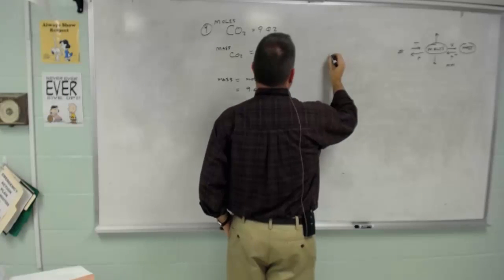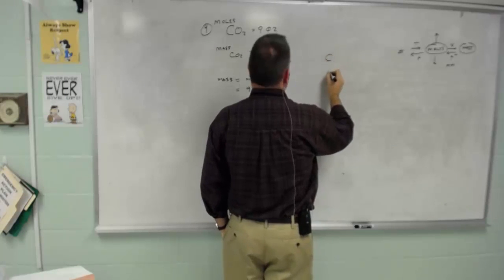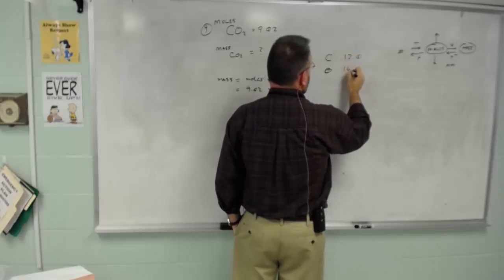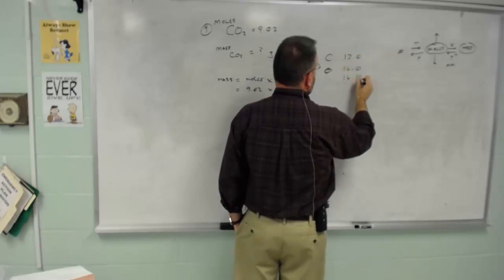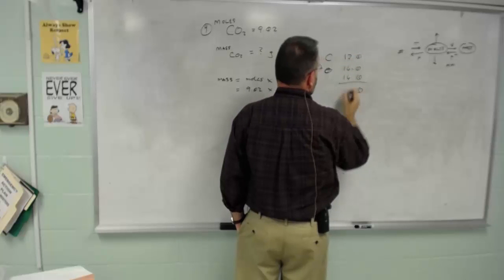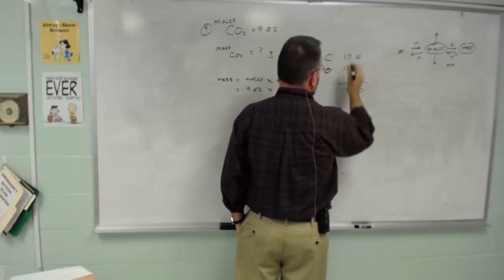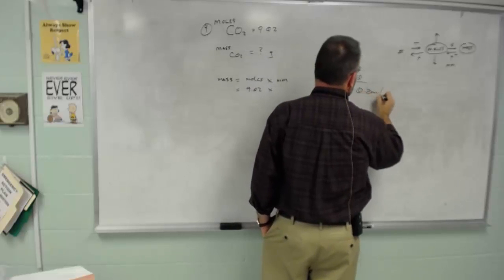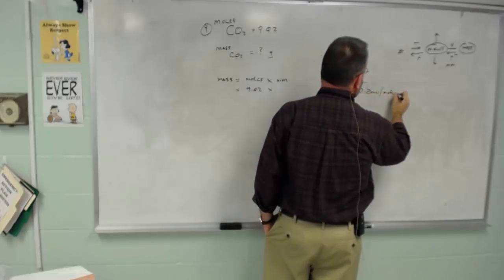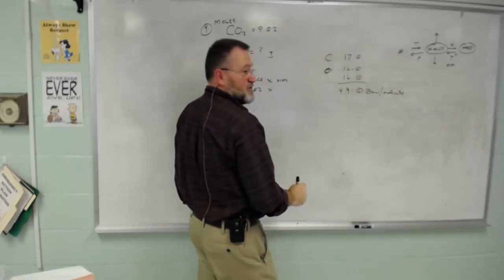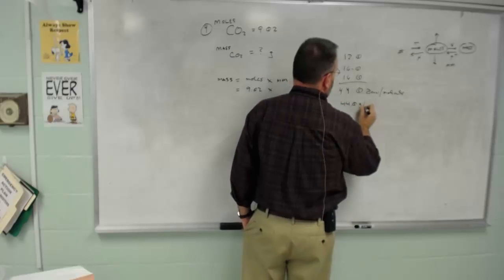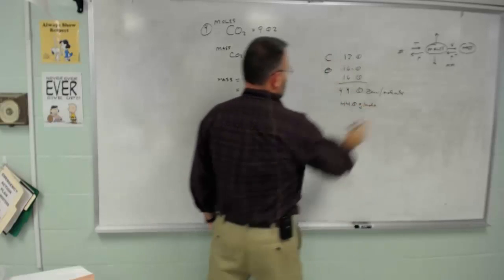Carbon dioxide's molar mass is equal to the mass of 1 carbon and 2 oxygens, 12.0 and 16.0. We've got 2 of them. That gives us a mass of 12, 13, 14, 1 to carry the 4, 44.0 AMUs per molecule. 44.0 AMUs per molecule also tells me that it's 44.0 grams per mole, and that's my molar mass.